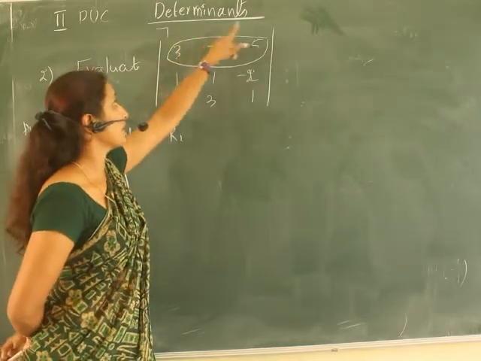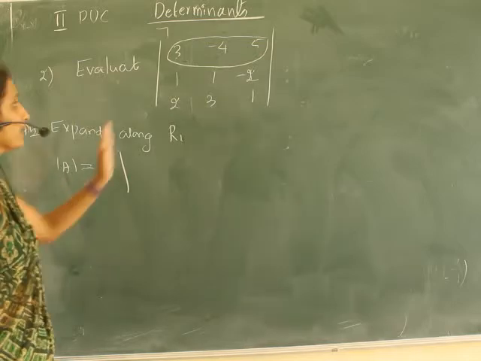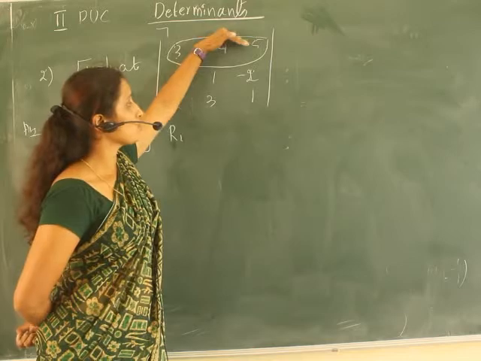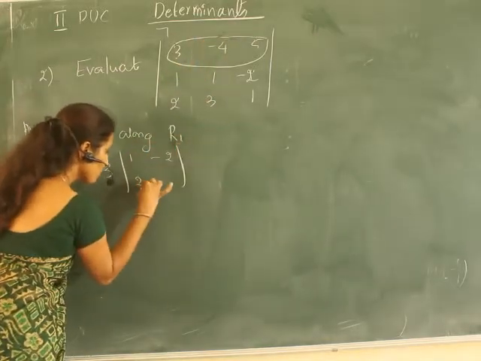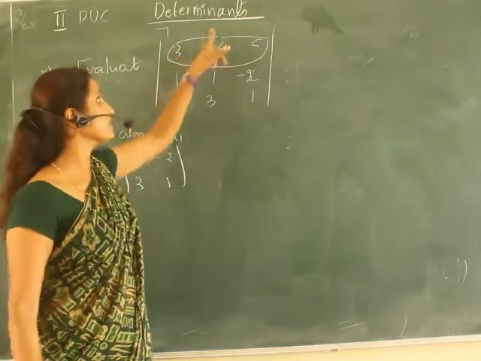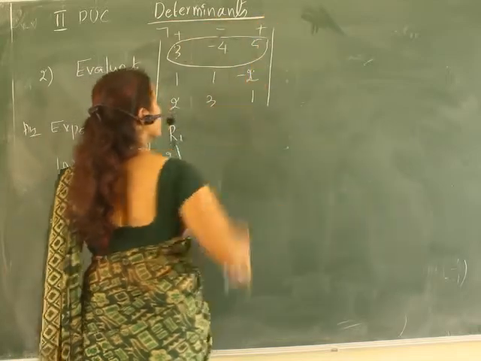So plus, minus and plus. So first is plus 3 into the determinant obtained by deleting first row and first column. So what is that? 1 minus 2, 3 1. Next I have told it is minus.